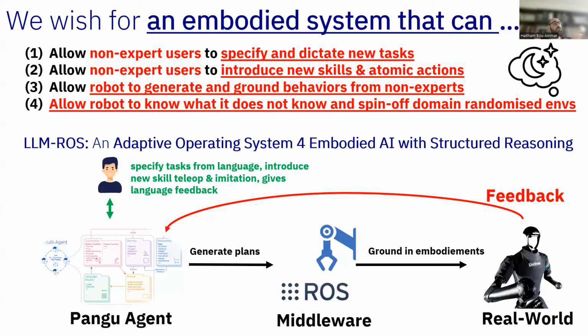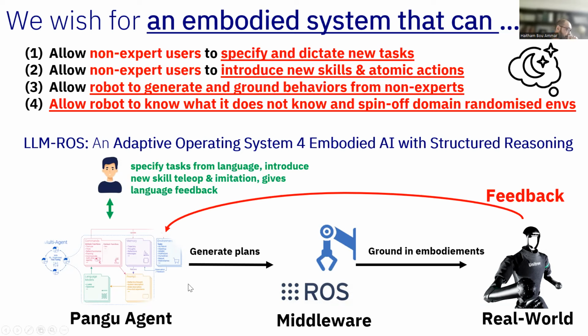If you're interested in Pengu Agent, you can read the paper, but there's also a video on Pengu Agent on this channel, which you could go and watch. This is critical: our experiments that I will show you later are based on DeepSeek Coder, which is an open source model and not GPT-4.